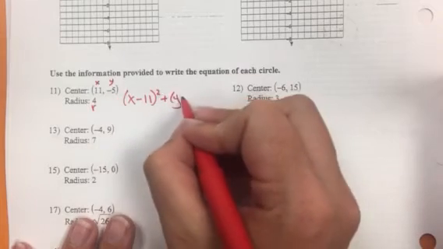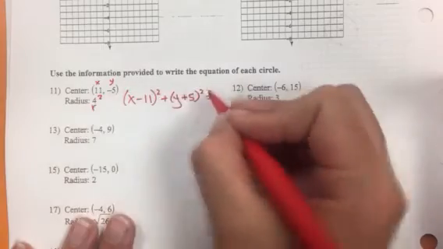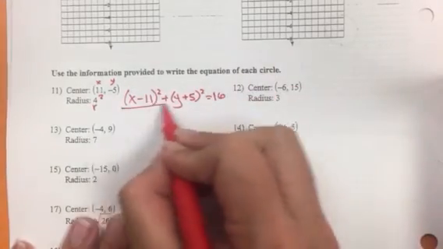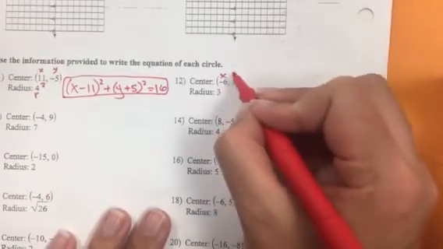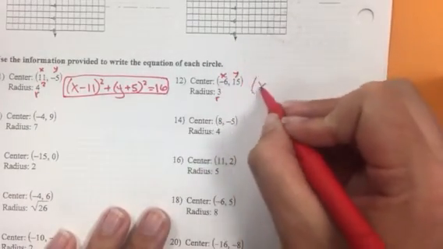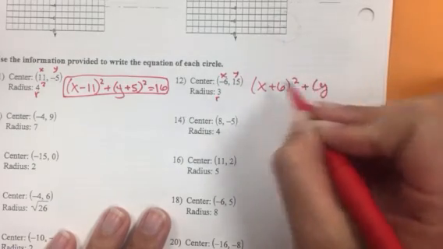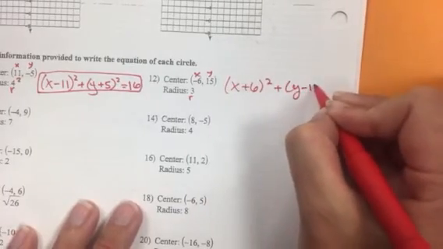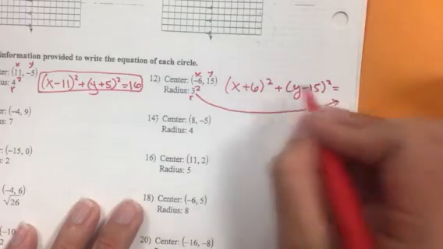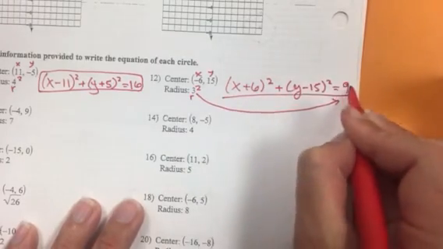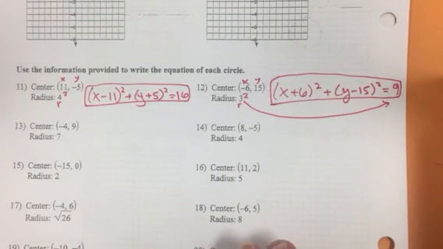Opposite of a negative 5 is a positive 5. r squared, 4 squared equals 16. x, y, r. x, opposite of negative 6 is a positive 6. Opposite of a positive 15 is a negative 15. r squared is equal to 3 squared is 9. Done. That is how you write the equation of a circle.